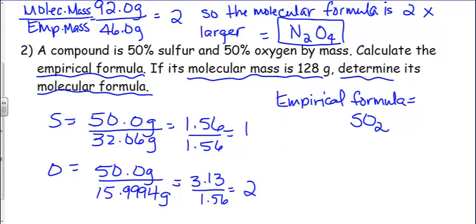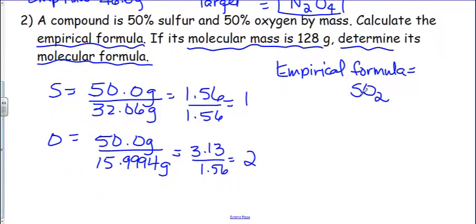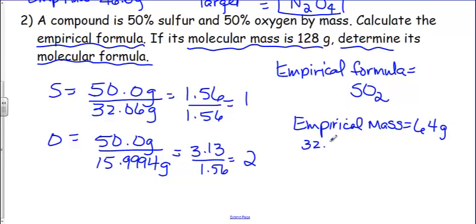Now we have to determine the molecular formula from its molecular mass. Let's get our empirical mass from the empirical formula. It's S plus O2, which is equal to 64 grams. How did I get that? It's the mass of sulfur, 32.06, plus 2 times 15.9994, and again, I rounded. So I get 64 grams for the empirical mass. Now the molecular mass is 128.